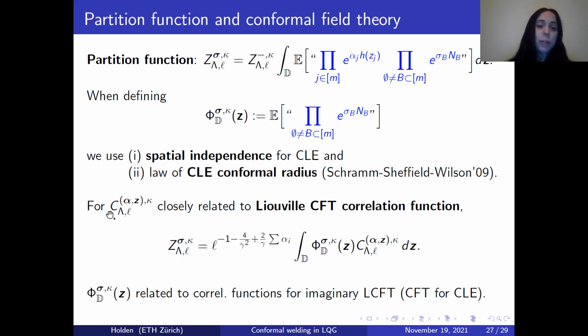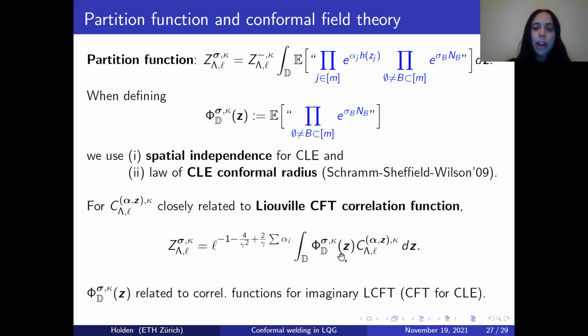To be more precise, if we take this constant C and we integrate it over the boundary length L of the disk, then we get precisely what is called a Liouville CFT correlation function. So this formula is giving an explicit relationship between these three interesting objects.